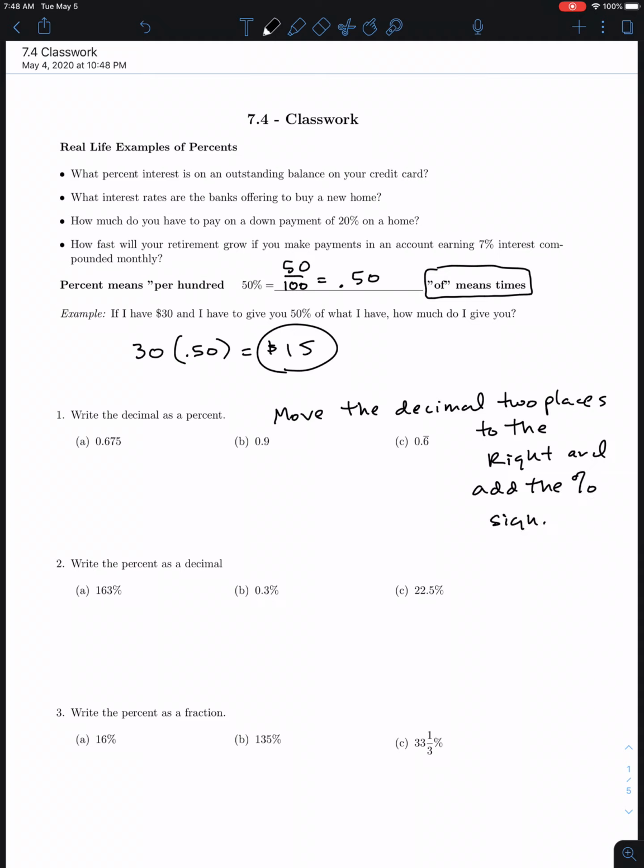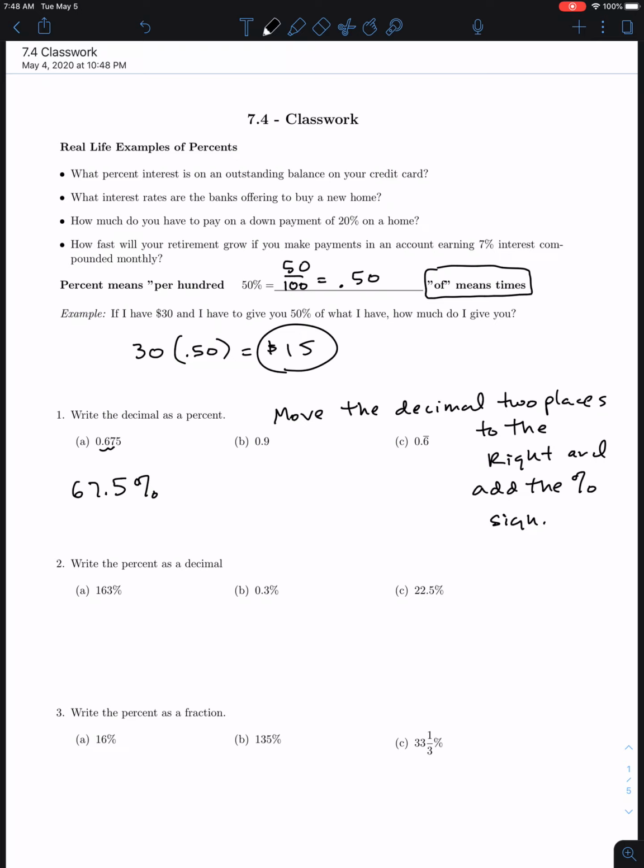So for example, in the first problem, 0.675, we want to move this 2 places to the right. That's going to give us 67.5, and then we just add the percent sign to it. All right, so I'll leave the rest of 1 for you guys to do.